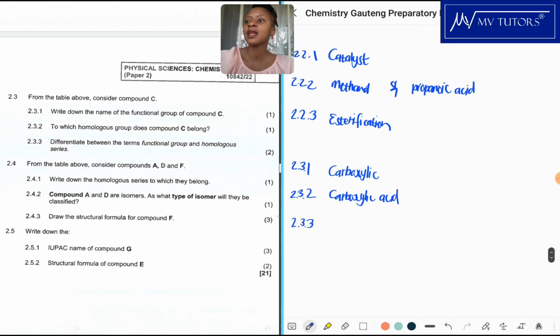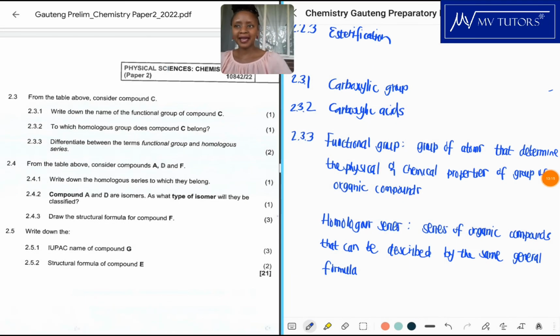And then 2.3.3. Differentiate between the terms functional group and homologous series. We were coming to that, weren't we? Okay, so decided to take a small break and write down. So what is the difference between the functional group and homologous series? Well, the functional group is a group of atoms that determine the physical and chemical properties of the group of organic compounds.